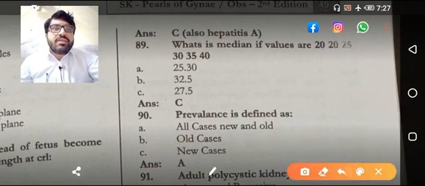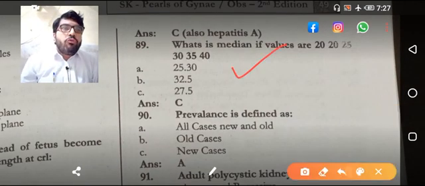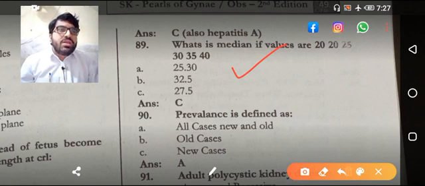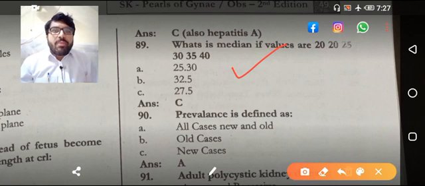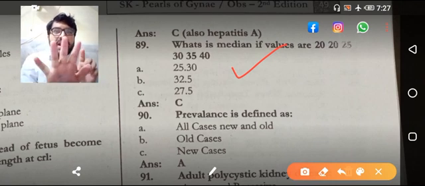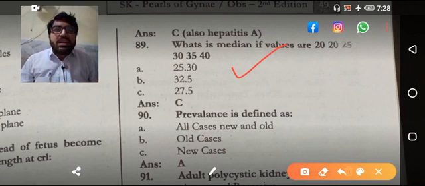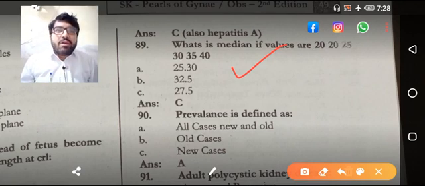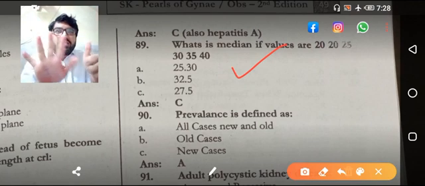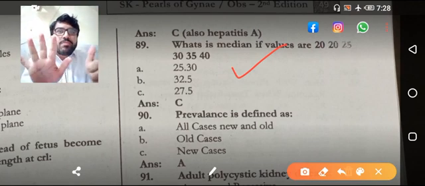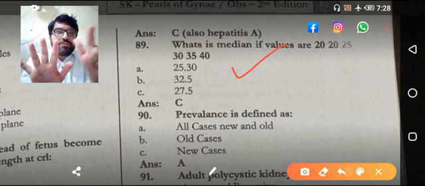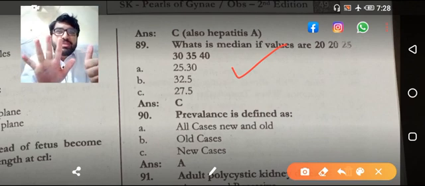Coming next, what is the median of values 20, 20, 25, 30, 35, 40? Median means the middle number. If you have an odd number of values, like for example 3 or 5, there is one middle number. But if you have an even number, like 6 numbers, then which number is the middle number? Here there are 1, 2, 3, 4, 5, 6 numbers.